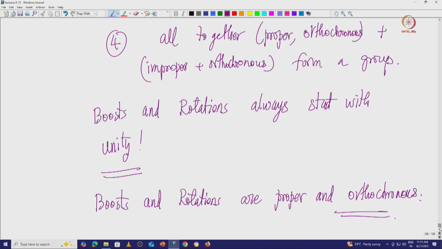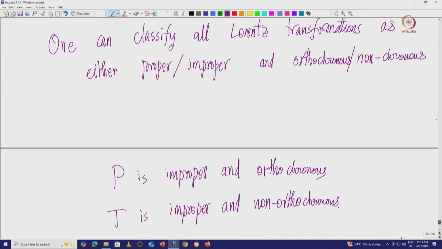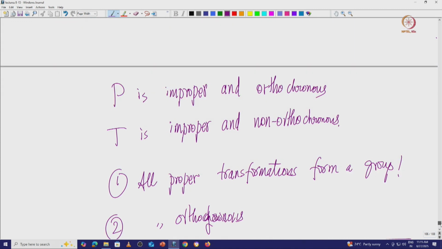Whereas boosts and rotations, we need them to be proper and orthochronous because we want to start them as small deformations of unity, and with this we see that they form a group of their own as a subset.